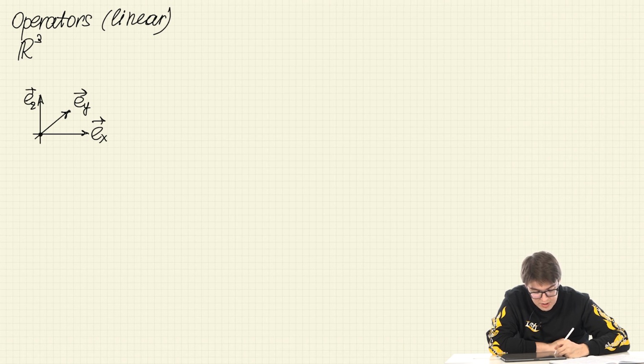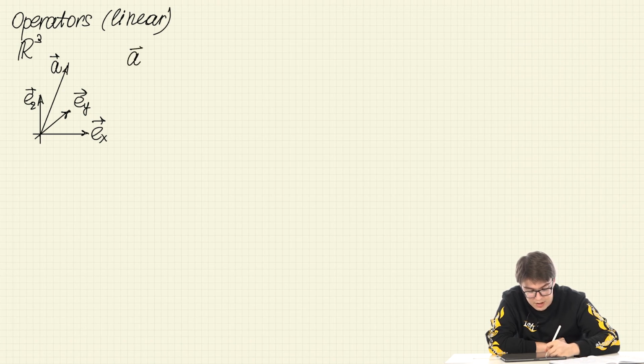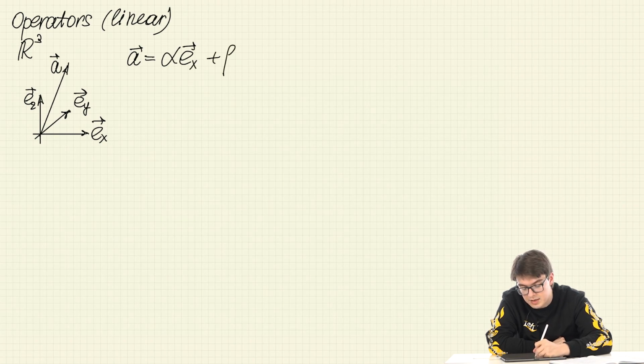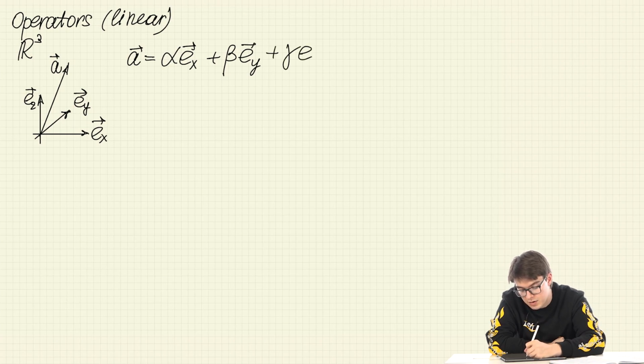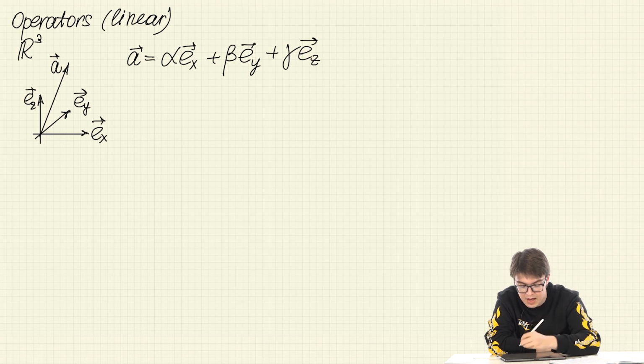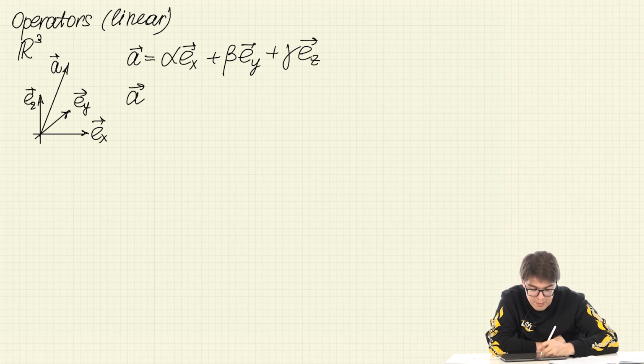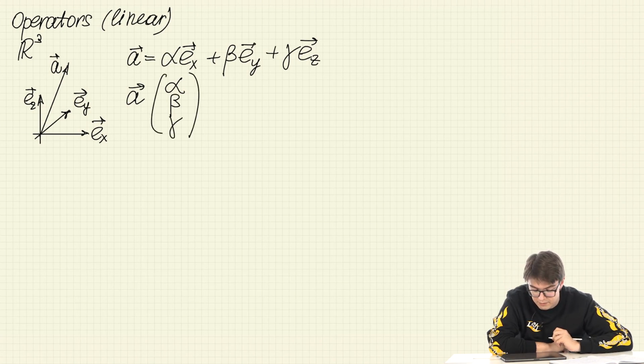So if there is a random vector A, it might be written as alpha over ex plus beta over ey plus gamma over ez, and the coordinates in the corresponding basis are alpha, beta, and gamma.